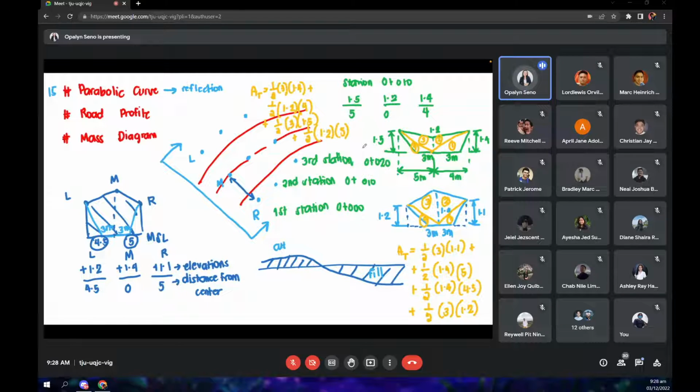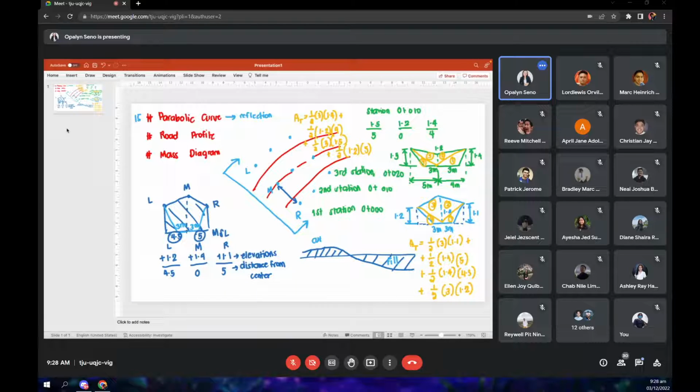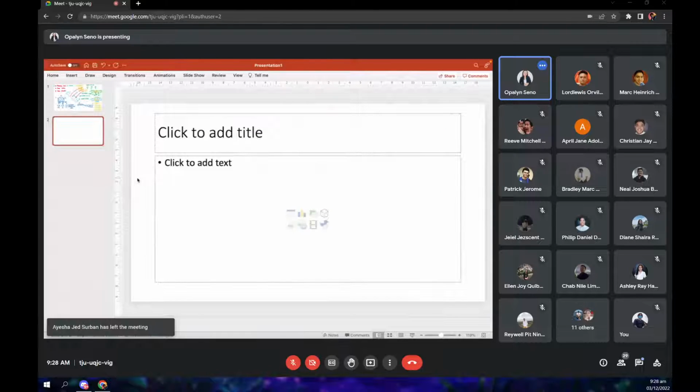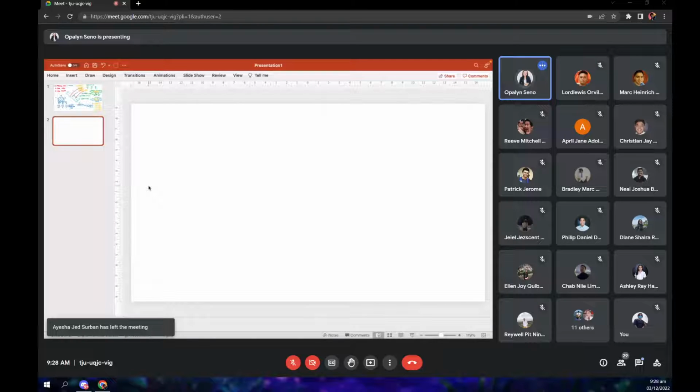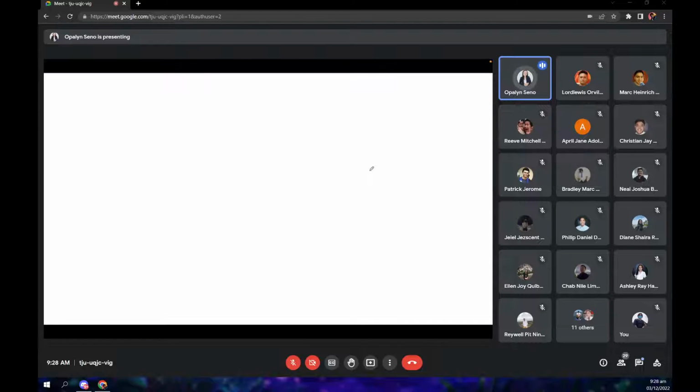So what you will be doing differs, because when we have, say, a road, and then your proposed road, the horizontal, this is your original road, going up or down.